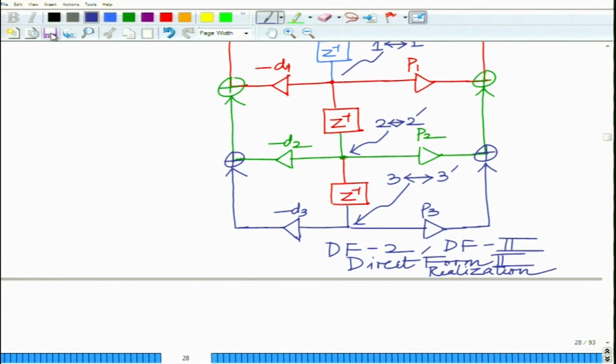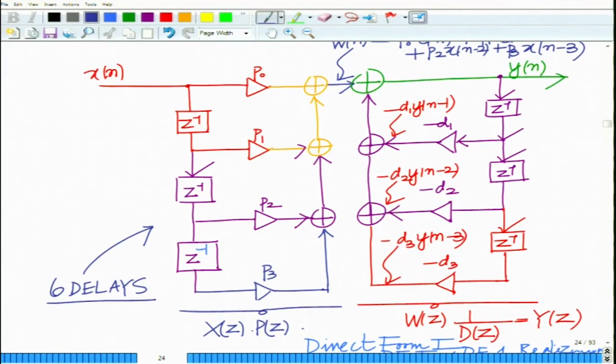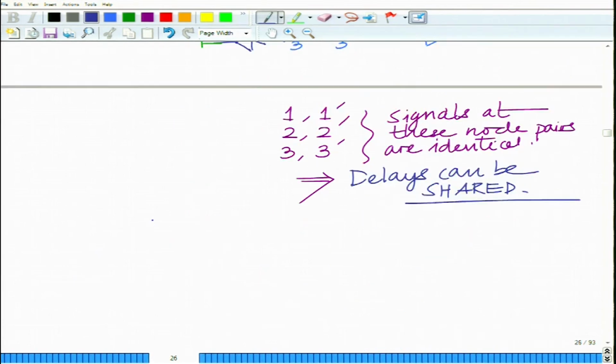All right. So, previously what you see is we had DF1, notice we had 6 delay elements. All right. So, there are 6 delay elements here, and from these 6 delays we have managed to reduce this to basically 3 delays by fusing them suitably.